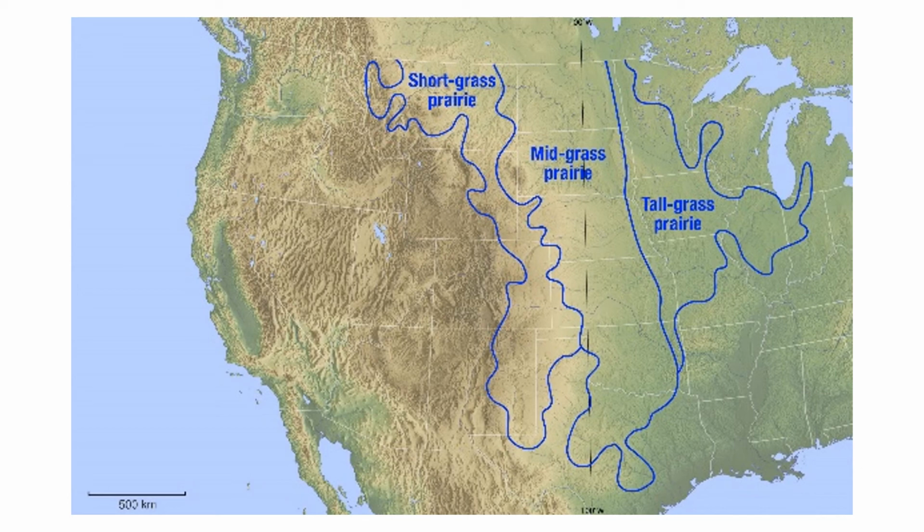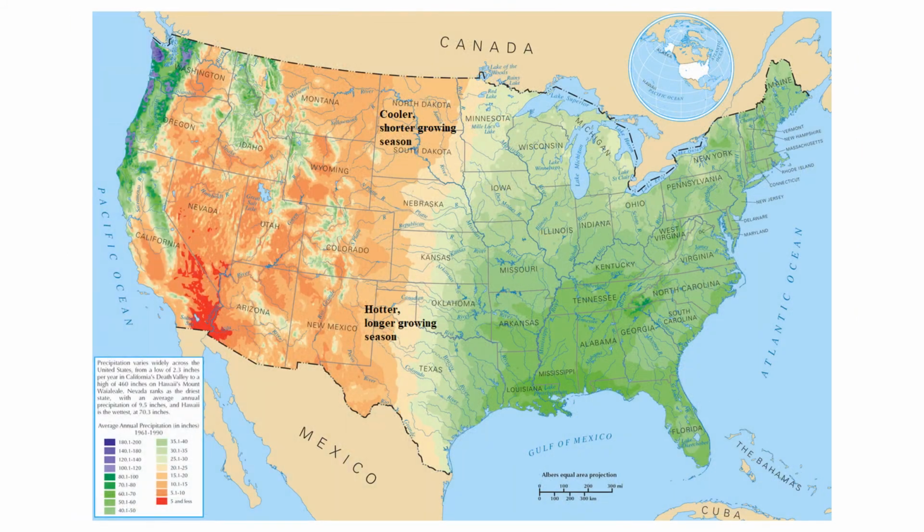This map here shows the plains. The plains are kind of that area in between the green and the orange, kind of brownish orange. That's kind of a tan color. That is the area where there is less than 25 inches of rain per year.